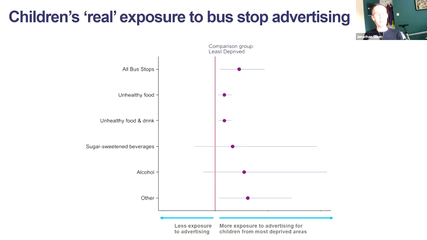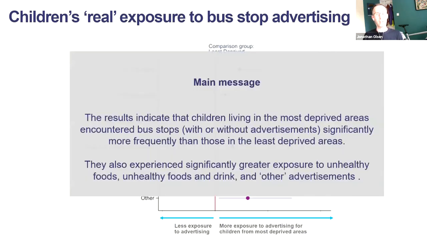And although the little dot is to the right for sugar sweetened beverages and alcohol, the confidence lines crossover, so these were not significant. So the main results show that children living in the most deprived areas encounter more bus stops, significantly more, and they also experience significantly greater exposure to unhealthy food and drink, and other product advertising.